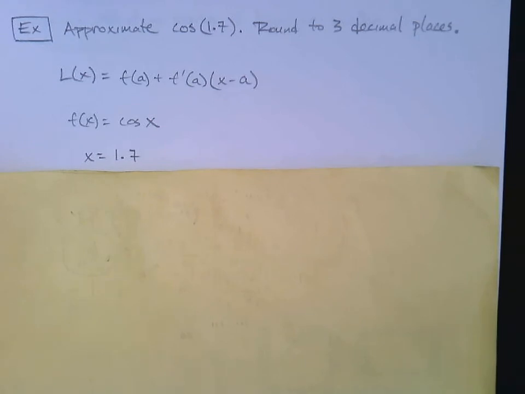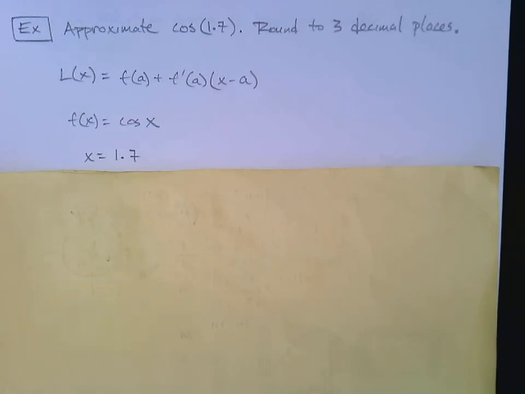And now here comes a tricky part and why I picked this example. What is an easy value near 1.7 that we could put into cosine? You're like, well, wait a second, I don't know. Well, the easy things, the things we know that we can put into cosine are those pi fractions, right?